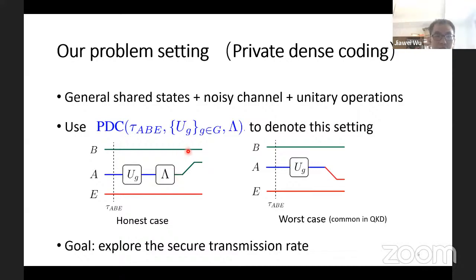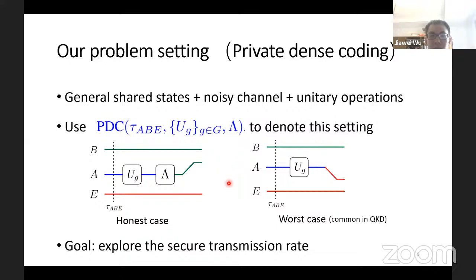To send messages, the transmitter Alice is allowed to apply unitary operations, and the unitary operations should compose a group. Then she sends these encoded states to Bob through this noisy channel. We denote such a setting with 3 elements: the pre-shared state, the allowed unitary operations, and the noisy channel between Alice and Bob.